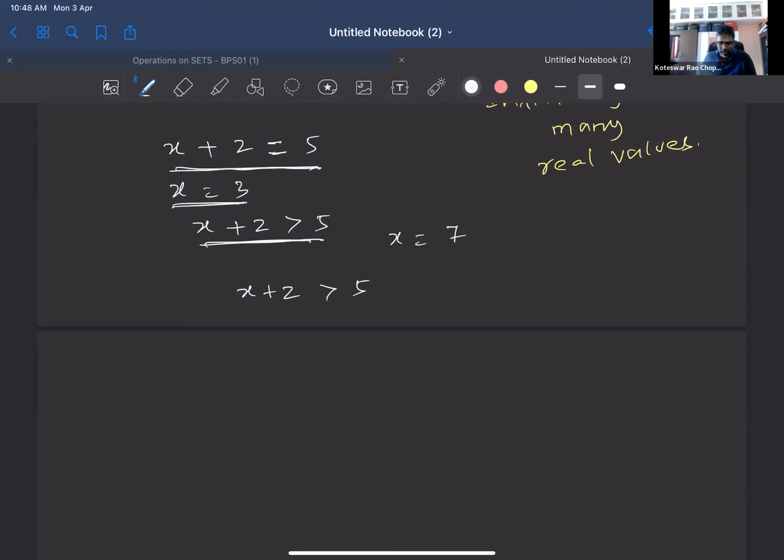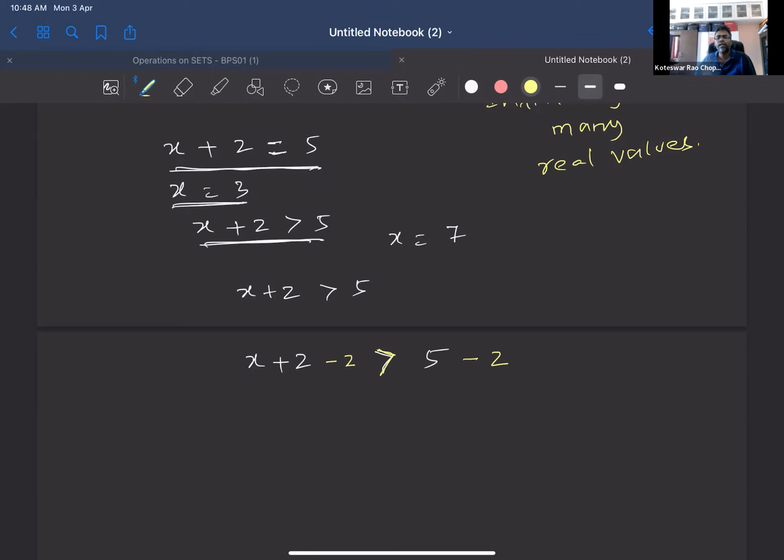For example, here x plus 2 greater than 5. So I'm actually subtracting 2 from both sides. So this greater than will still be valid here. Do you guys understand?